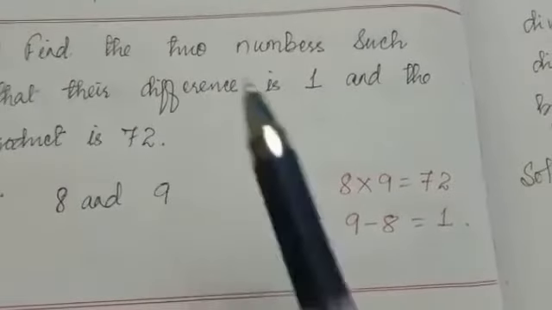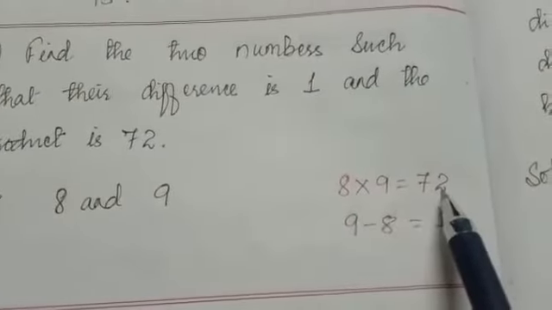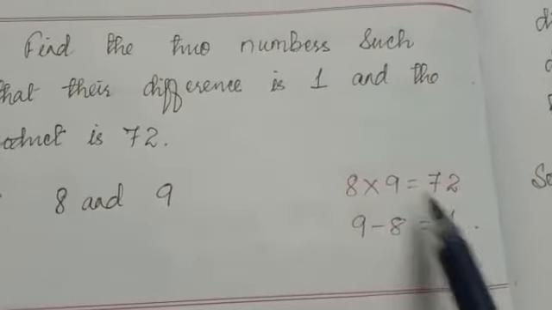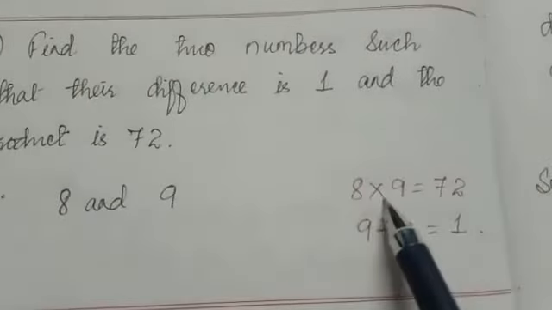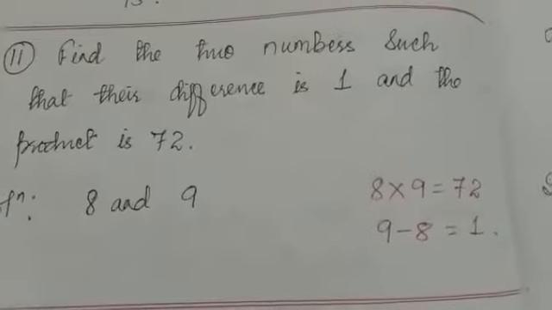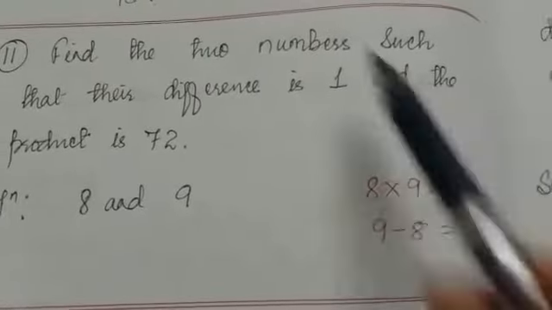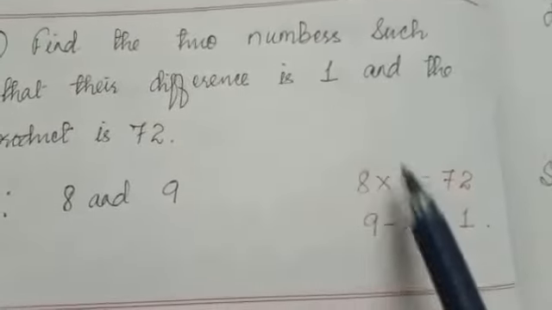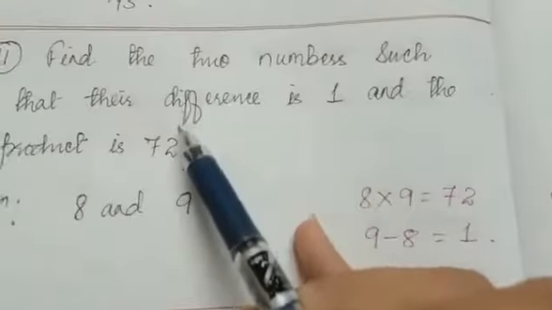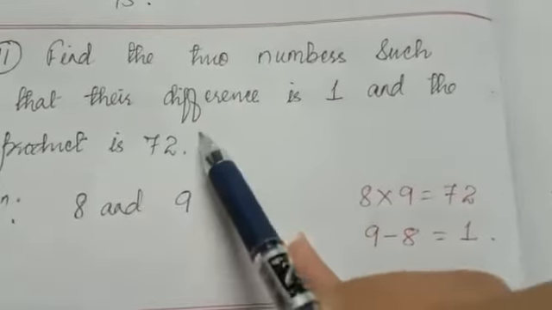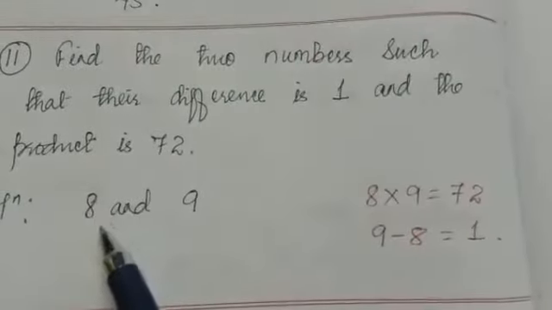So 8 nines are 72, and the difference of 8 and 9 is 1. So 8 and 9 are the required numbers. The numbers are 8 and 9.